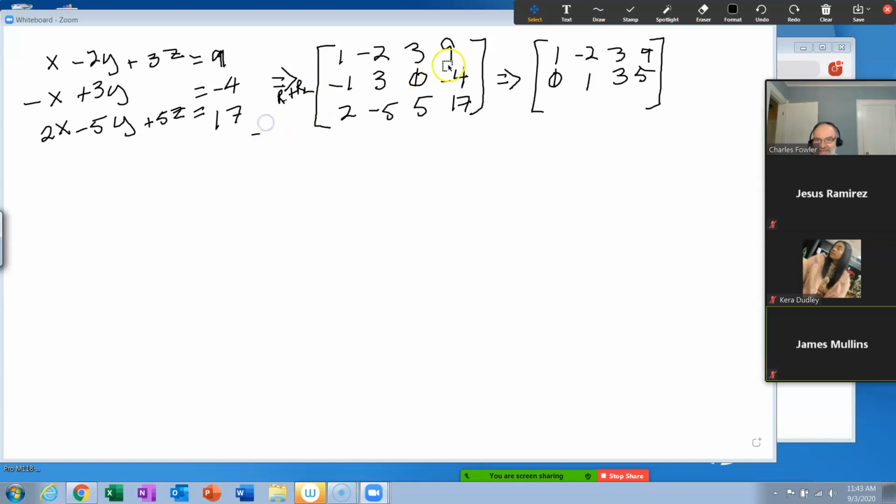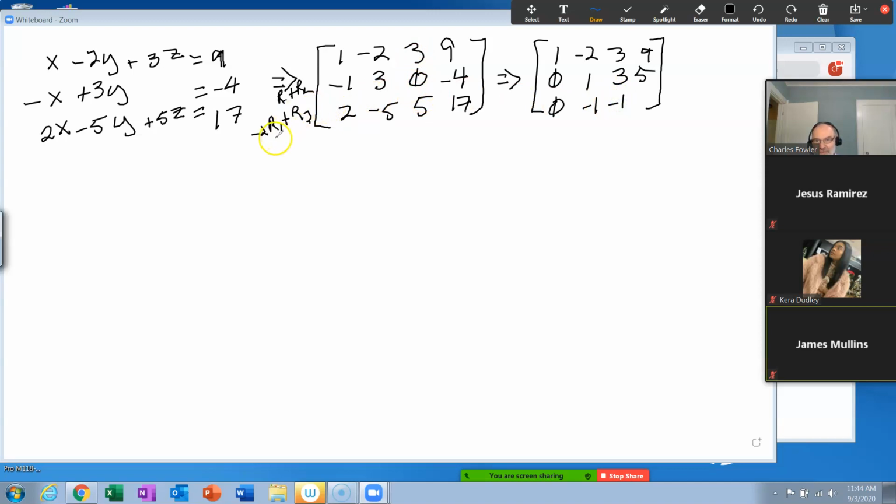So it's -2 row 1 plus row 3. Okay. So -2 times 1 is -2 plus 2 is 0, exactly like we wanted. -2 times -2 is +4, -5 is -1. -2 times 3 is -6, plus 5 is also a -1.